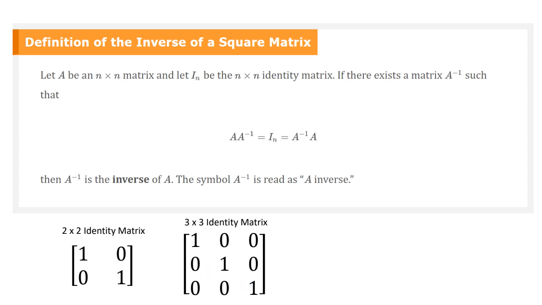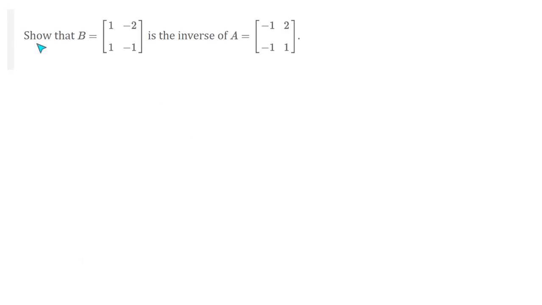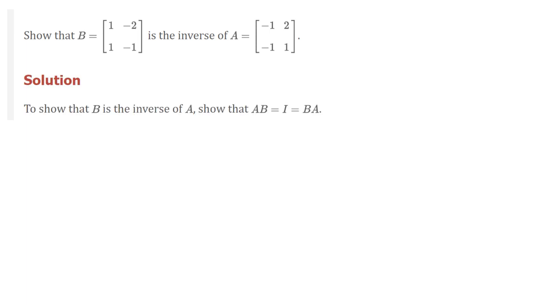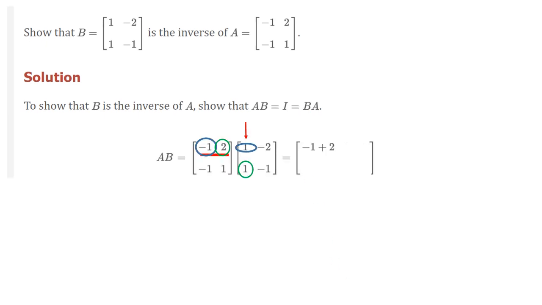Okay. So let's look at an example. It says show that B is the inverse of A. In order to show that they're inverses, we need to make sure that if we multiply them together, A times B, it's going to give us the identity matrix, but also that B times A is the identity matrix. So we'll multiply these. And as a review for the multiplication, we can decide if we can multiply by looking at the order first.